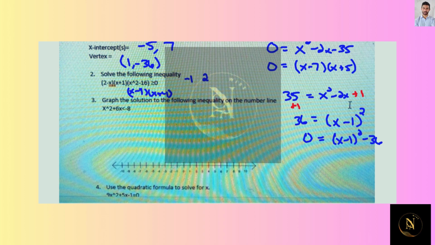So let me put these in order for us. If we were to have a number line, and we had the solutions negative 4, negative 1, 2, and 4, we want to test what's happening.